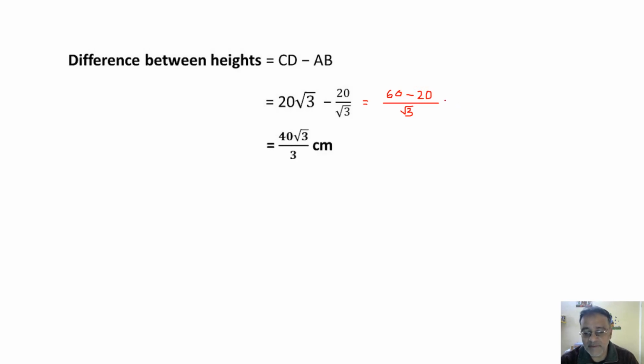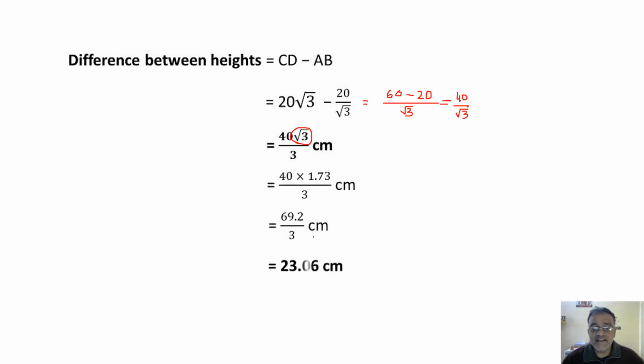Then we rationalize it, so we get 40 √3 by 3. Now we substitute the value of √3, that is 1.73. So 40 into 1.73 gives 69.2 by 3. So the final answer is 23.06 centimeter.